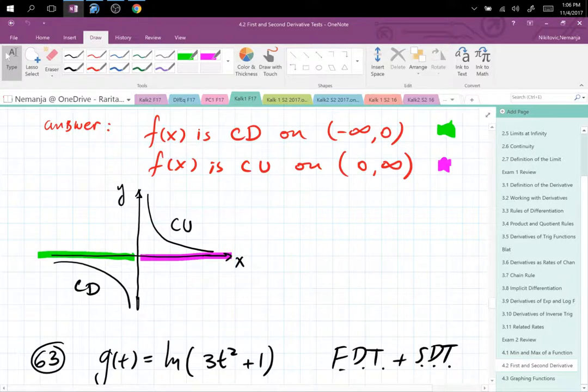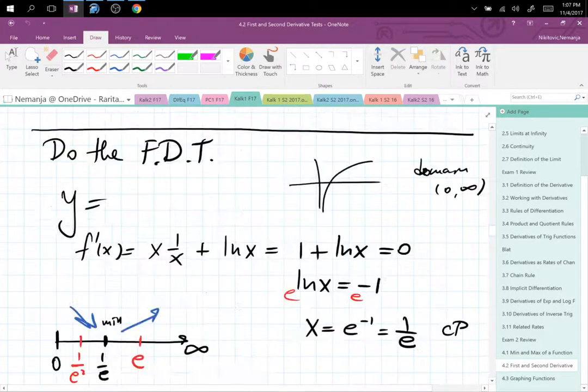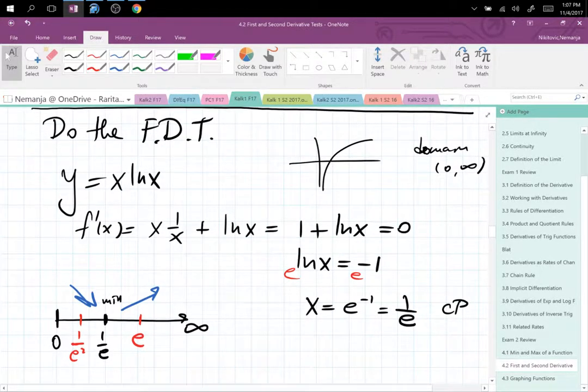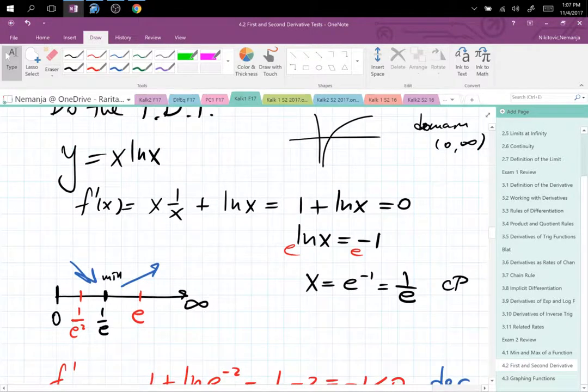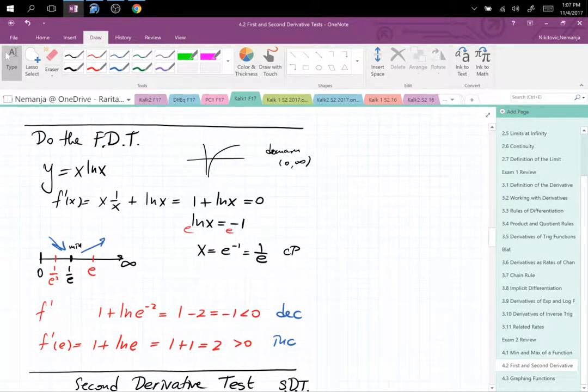I just need to find it. There we go. So we have the product rule that needs to be done and do all of this stuff. So everything from here needs to be there.